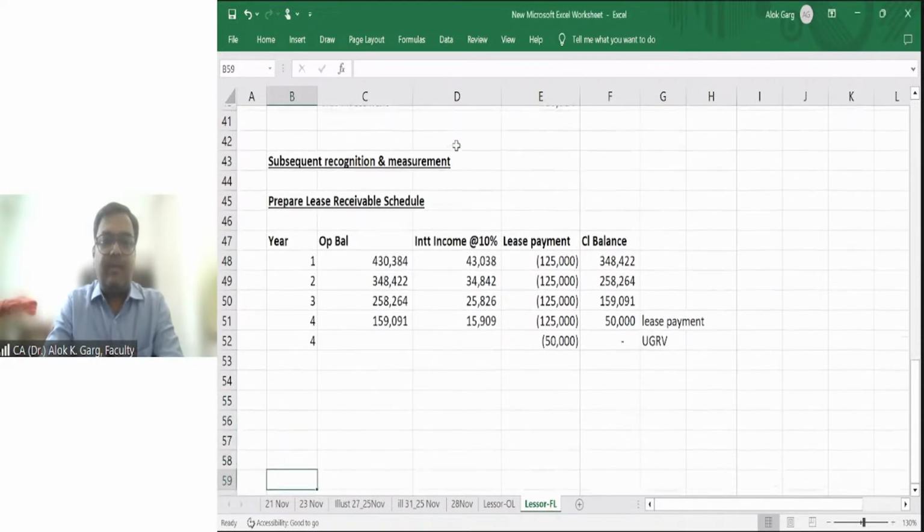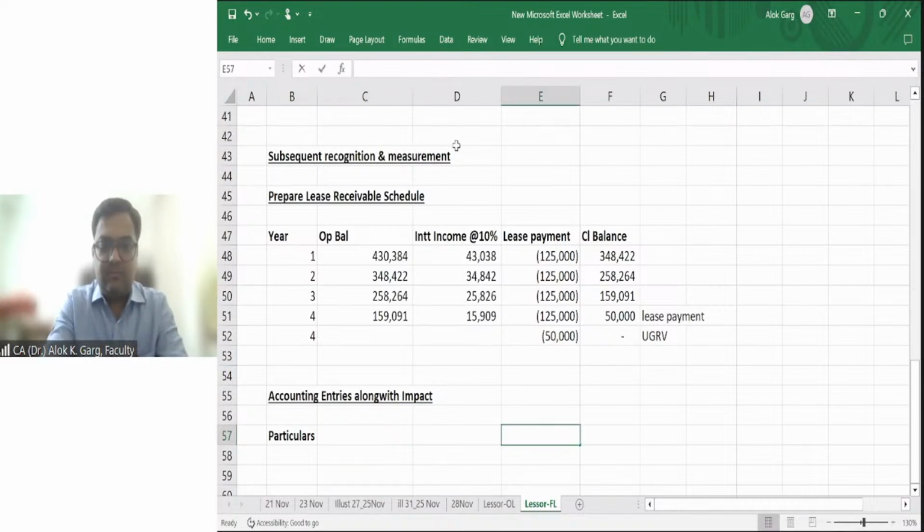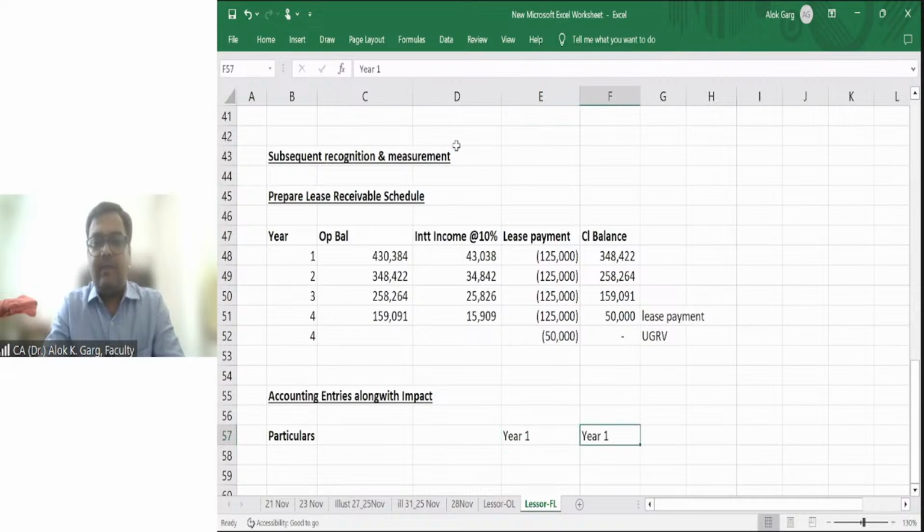So accounting entries along with impact, right? Particulars, year 1, year 2, year 3, year 4.